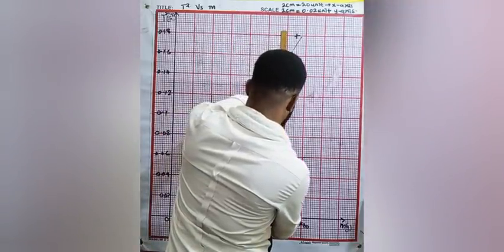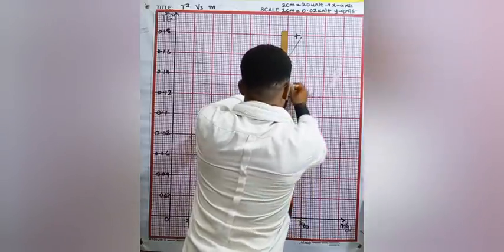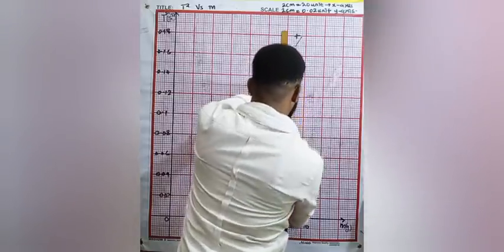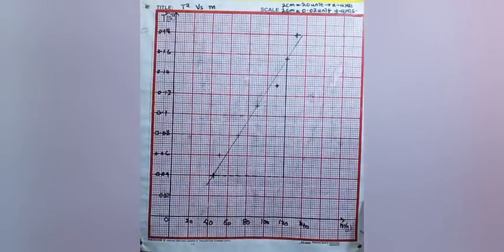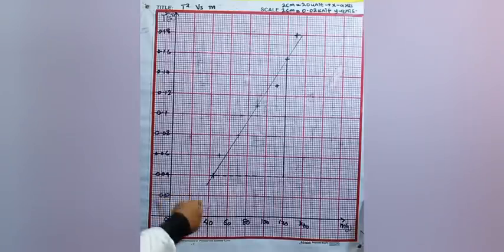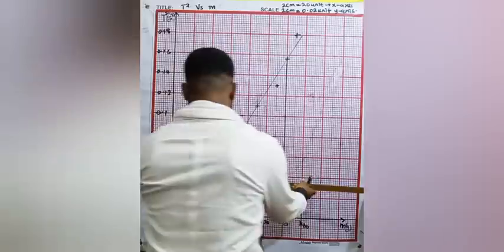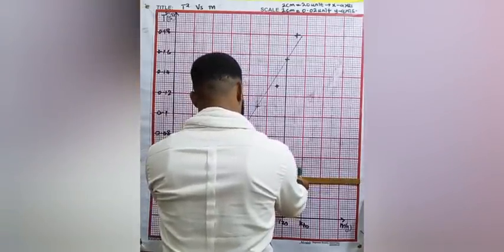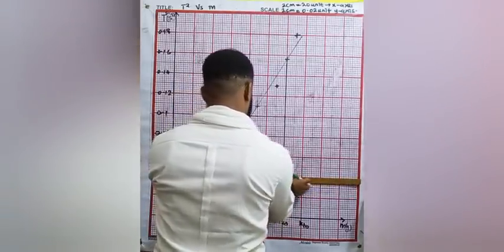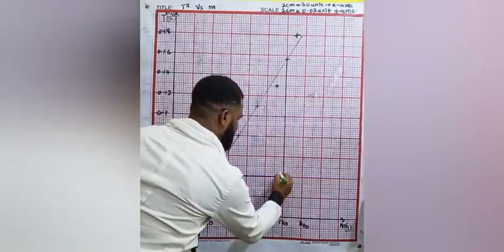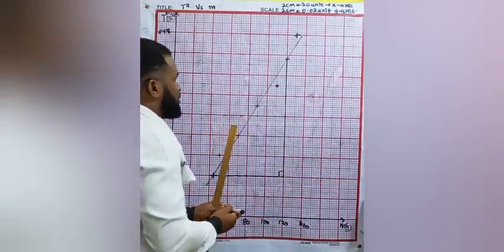Form a right angle triangle. Not broken line. I will show you where to use that broken line. When you have formed your right angle triangle, then this is a right angle triangle with this symbol. Very important to mathematically represent what you are doing.